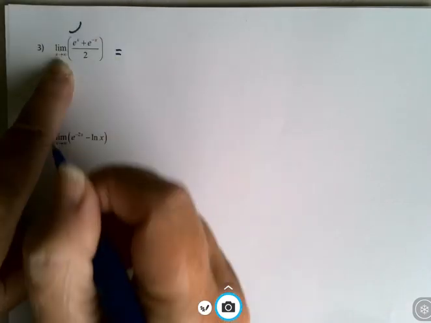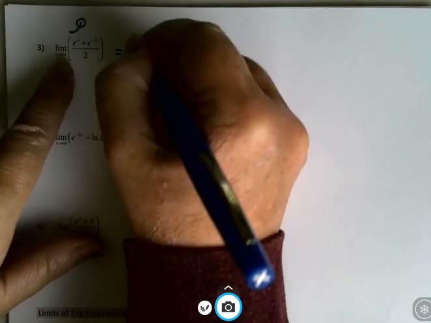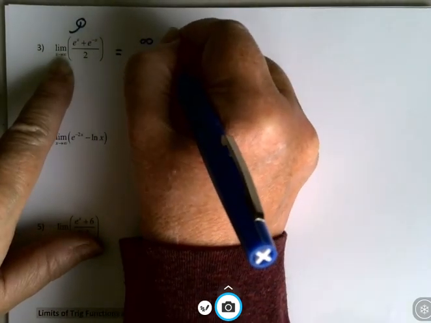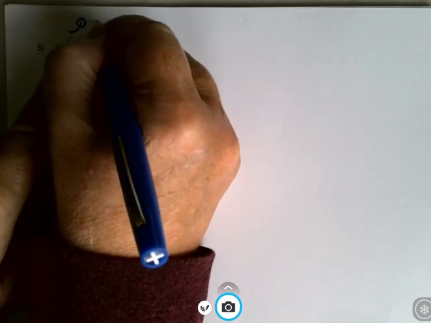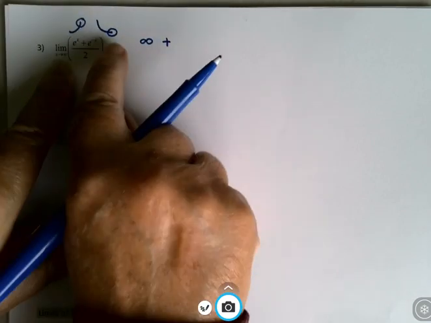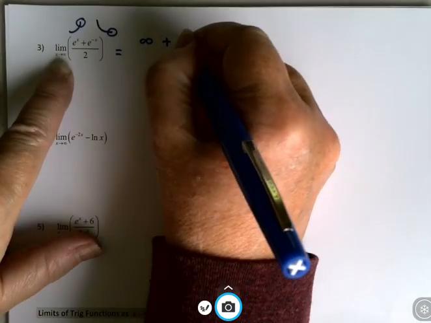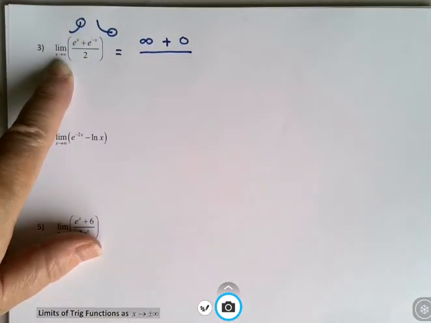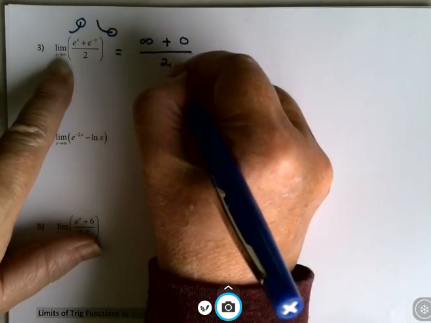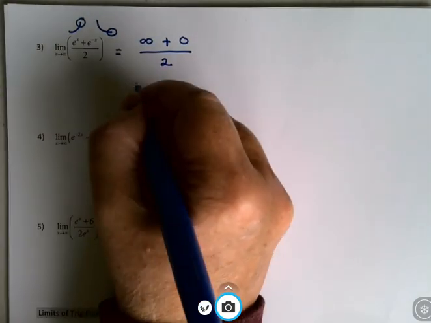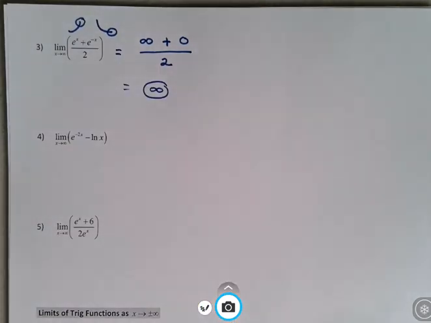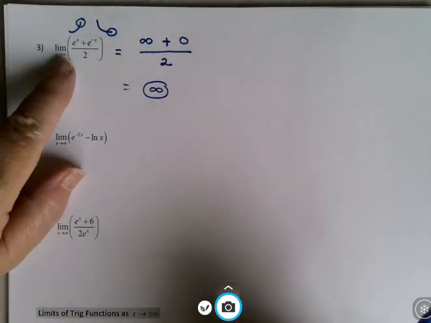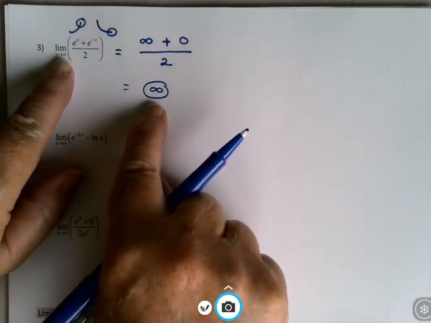It's this one. So positive infinity. e to the minus x, that's exponential decay. That's 0 on the positive infinity end. Over 2. Infinity divided by 2 is still infinity. And that limit is positive infinity. So my end behavior on the right, the graph goes up.